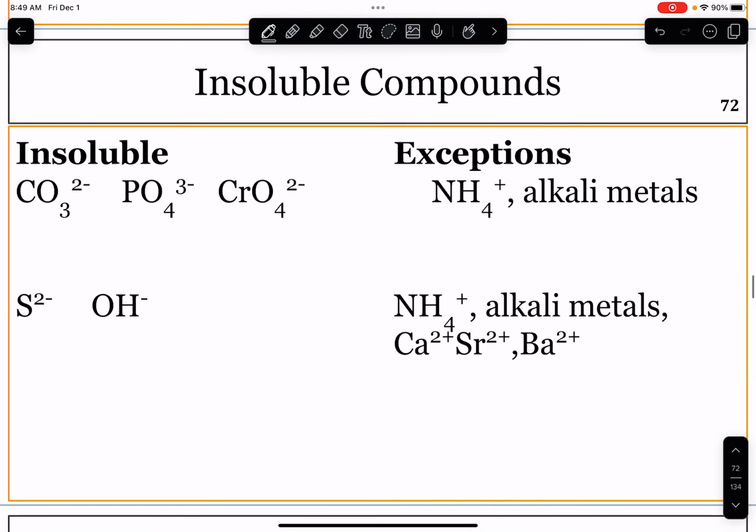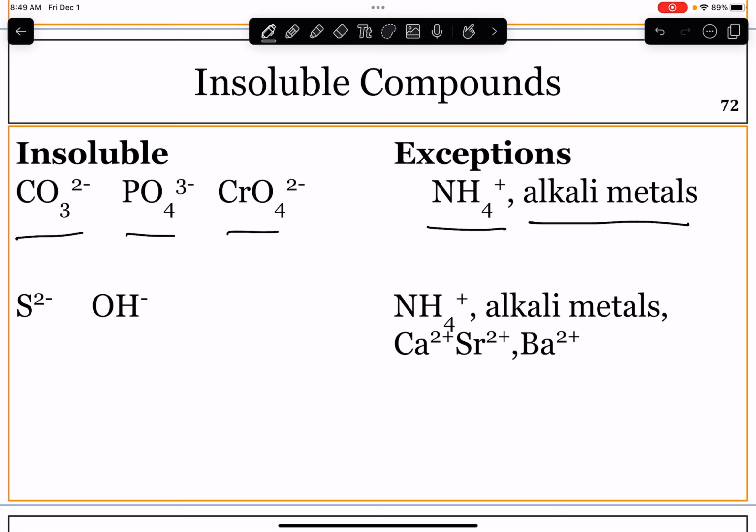There are some anions that are usually insoluble. So if you had any of the polyatomic ions carbonate, phosphate, or chromate as the negative part of the compound, then usually it's an insoluble compound. However, the exceptions include ammonium, NH4+, and alkali metals. Alkali metals are just the metals in the first column on the periodic table.